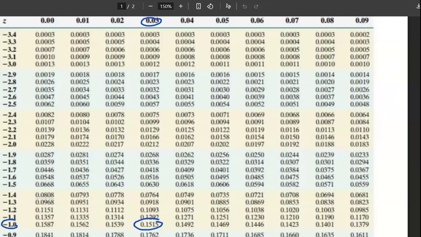Then the other one we're going to find is negative 2.46. Here's negative 2.4, and we want 6. So this is negative 2.46, and that will be 0.0069. Those are the two areas that we want, and what we're going to do with those is just subtract them.